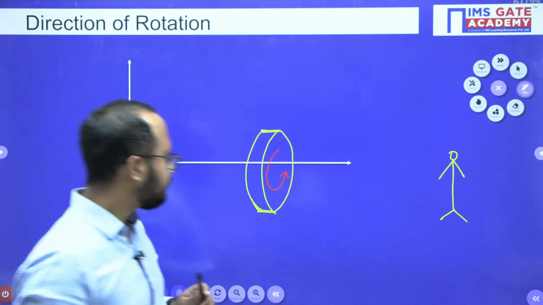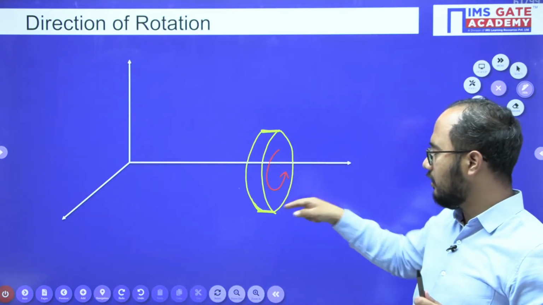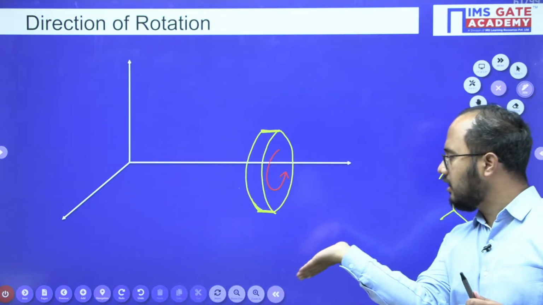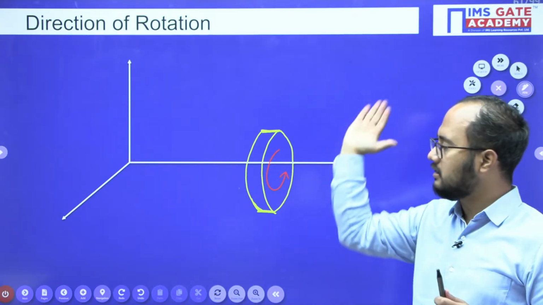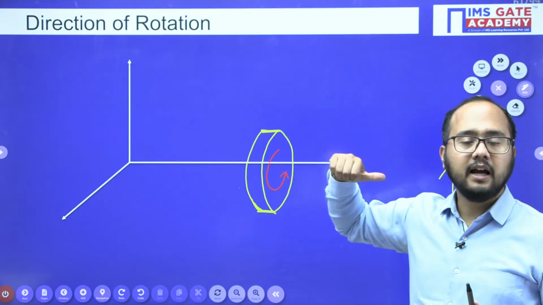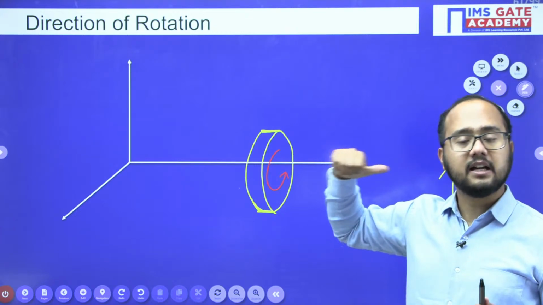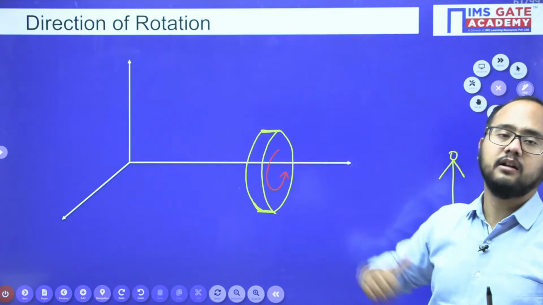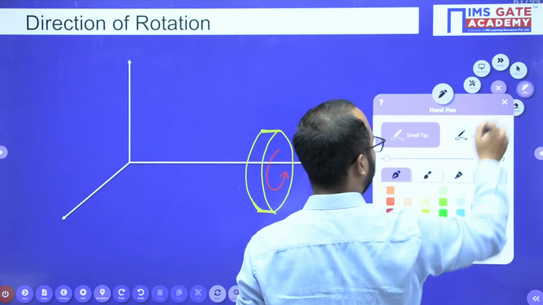Okay, now see what will happen. They are saying that anti-clockwise sense of rotation is there. Just curl your fingers in the anti-clockwise sense, and the thumb will show the direction of rotation. Right? Is this point clear? Yes or no?